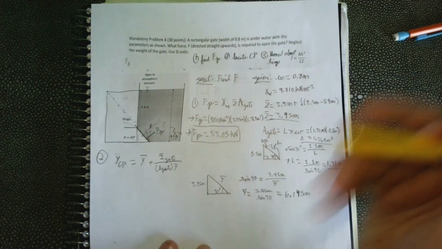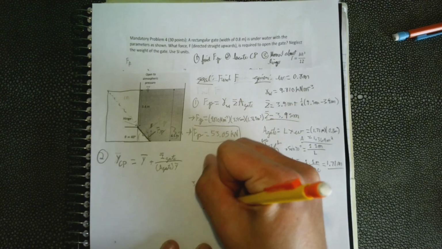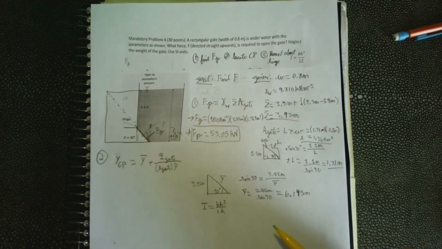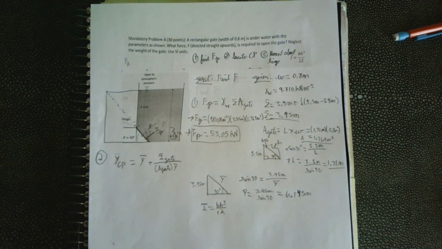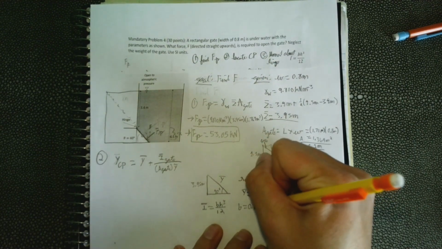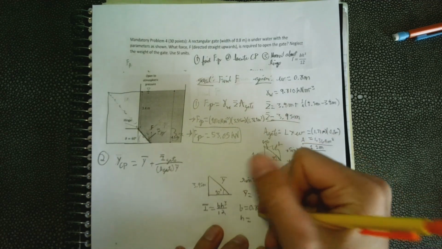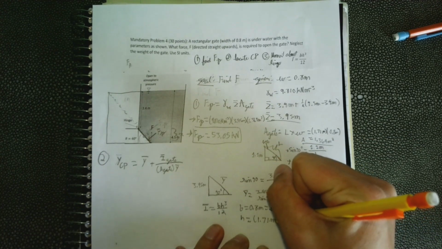So then we're given the formula. The B and H stands for base times height cubed. Our base will be that width, and then our height is 1.71 meters.